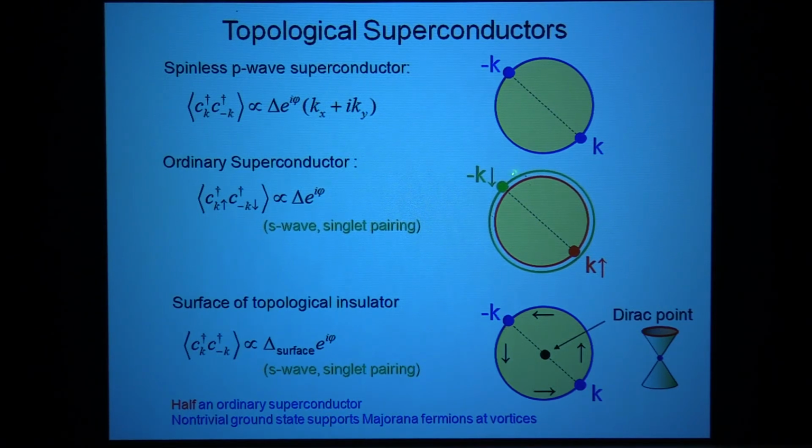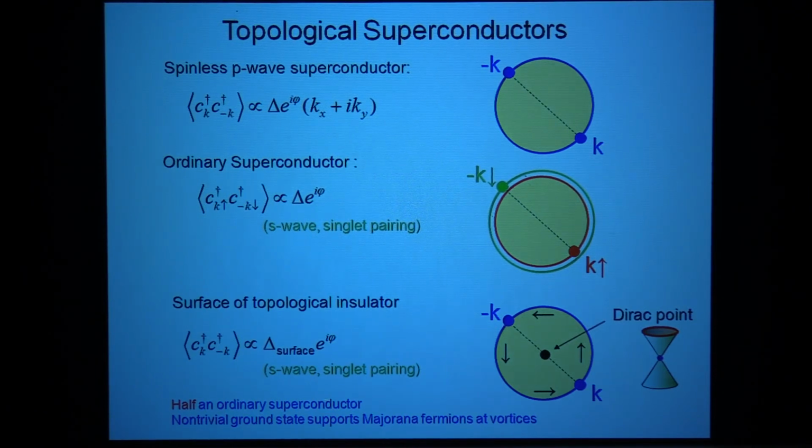But if you look at the surface of a topological insulator, and you make it superconducting, it's only half of this, but it has the up spins and the down spins on opposite sides, and so you can do a singlet pairing of these, but you still only have half.